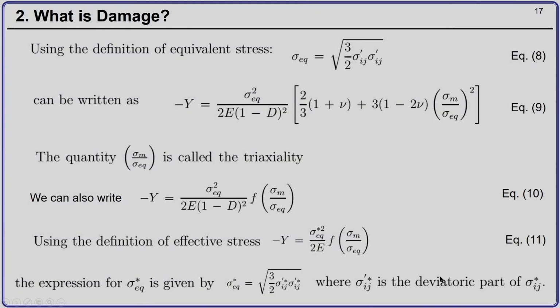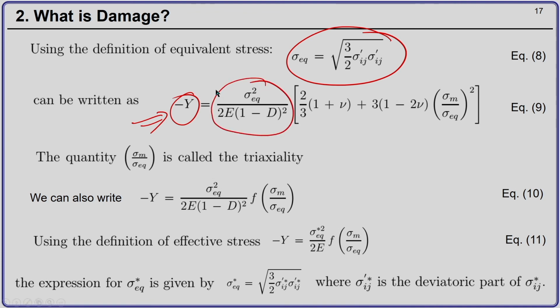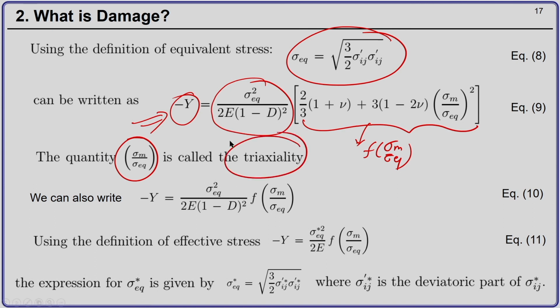Using the concept of equivalent stress, I can write minus Y, the dissipative part of Y, as sigma equivalent squared divided by 2E into (1 minus d) squared into this function, and this function can be written as a function of sigma_m by sigma equivalent, where the ratio of the mean stress to the equivalent stress is called triaxiality.